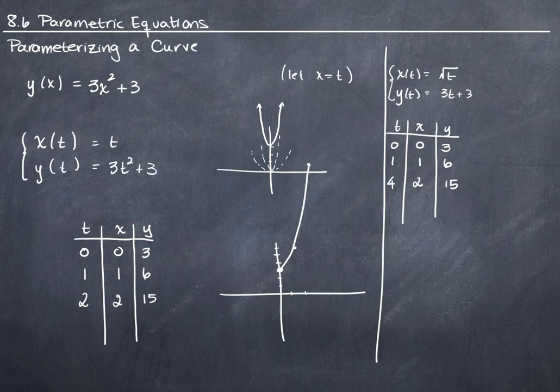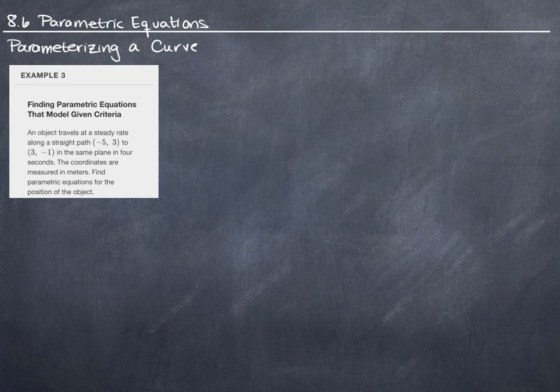Something else that's really useful about parametric equations is that they can model specific situations. This is example 3 from your textbook. Notice that it says an object travels at a steady rate along a straight path. That tells me this is a straight line, right? Between -5, 3 and 3, -1.